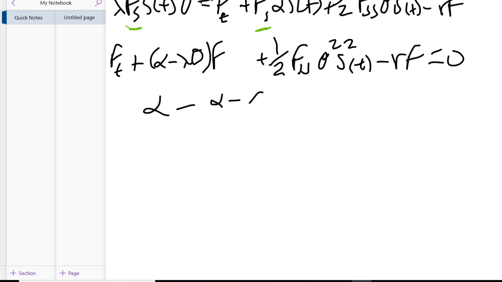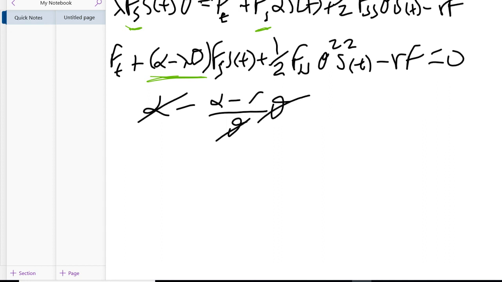Lambda sigma f s s t. Okay, so just doing this term, we would have alpha minus r over sigma times sigma. So we see the alphas cancel, and then it just becomes plus r. So that term ends up just equaling r.